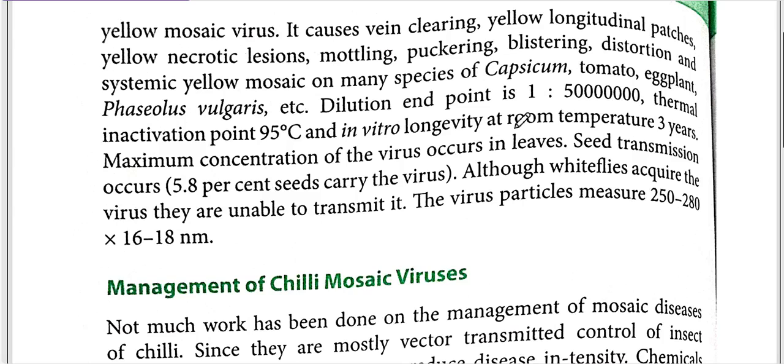It causes vein clearing, yellow longitudinal patches, yellow necrotic lesions, mottling, puckering, blistering, distortion, and systemic yellow mosaic on many species of capsicum, tomato, eggplant, and Phaseolus vulgaris.